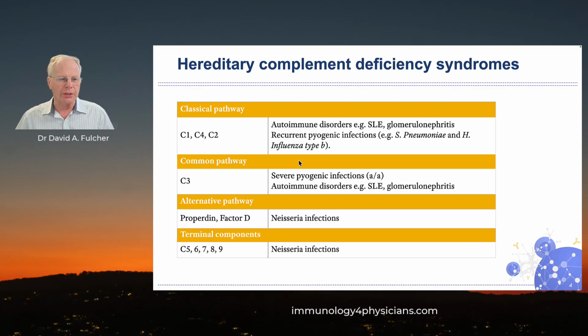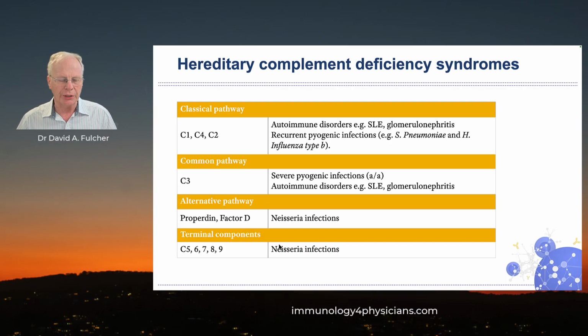So the other things are related to Neisseria. So the terminal components, the membrane attack complex, if it's deficient, manifests as Neisserial infections. Similarly with the alternate pathway deficiency, properdin and factor D also are important in protection from Neisseria.